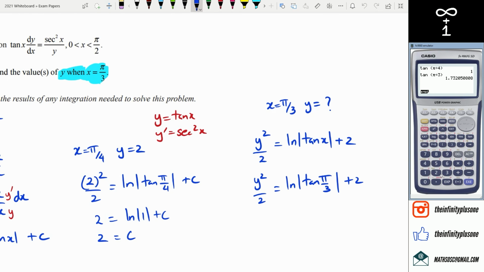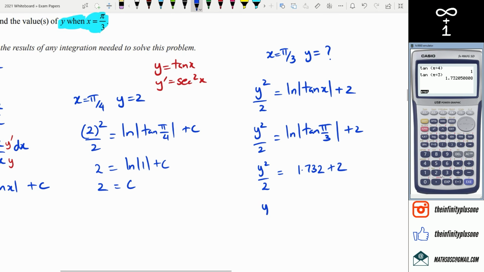But I'm going to leave it like that, and this is one of the tricks to make sure your answers are as accurate as possible. So we're going to get y squared over 2 equals 3.732.